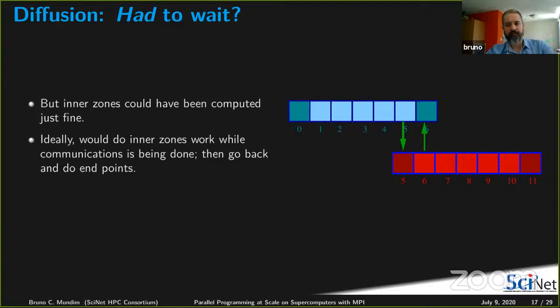Okay? And this other point is going to be computed only after the guard cells have been exchanged. The data in the guard cell has been exchanged, so the grid point 6 has been received here.